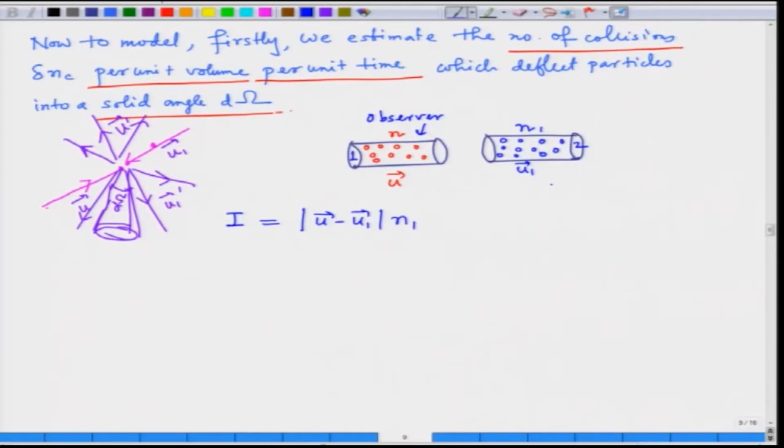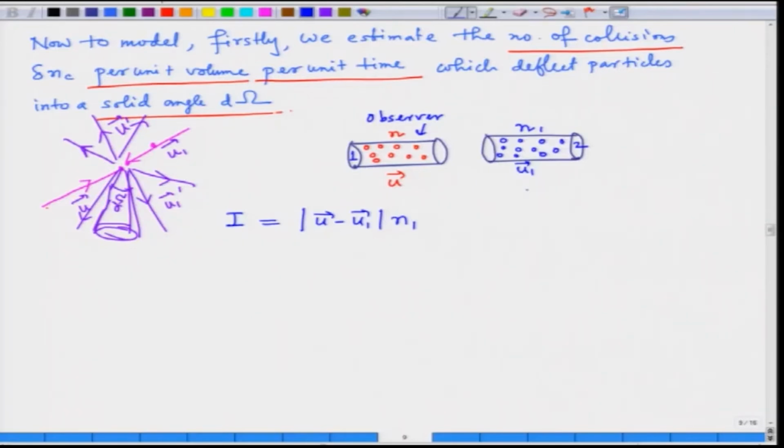If the two beams were heading towards each other, that would simply be the sum of the two. But vectorially, they are nothing but the vector difference of the two. So |u minus u1| times the number density of the second beam gives the flux of particles experienced by every particle of this beam.